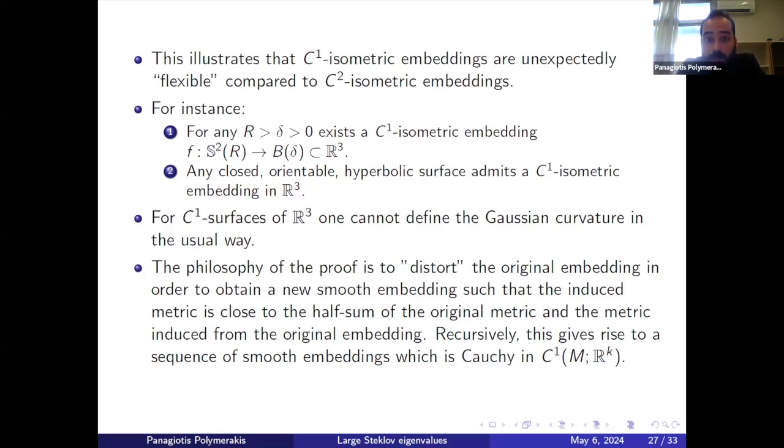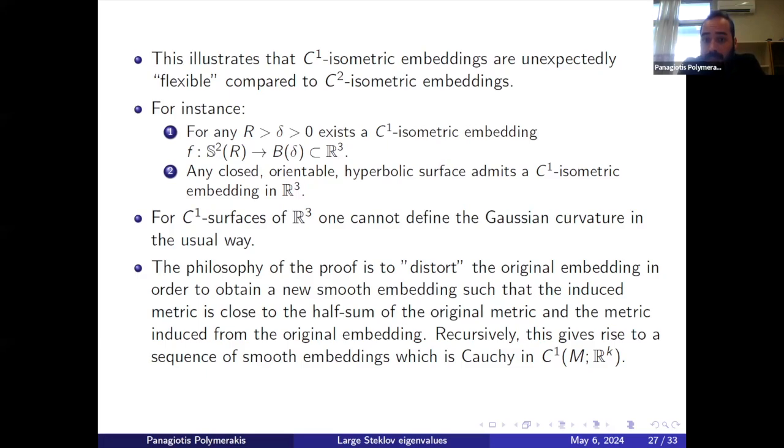For instance, there is a C1 isometric embedding from a sphere of arbitrarily large radius into a ball of arbitrarily small radius. And also there are isometric embeddings from any closed orientable hyperbolic surface into the three-dimensional Euclidean space. So basically, the restrictions that we know from basic differential geometry do not apply to C1 isometric embeddings, basically because we cannot define the Gaussian curvature of a C1 surface in the Euclidean space as we usually do in differential geometry.